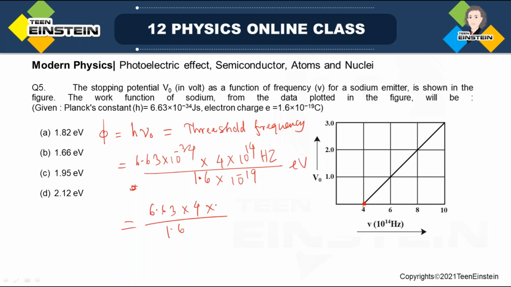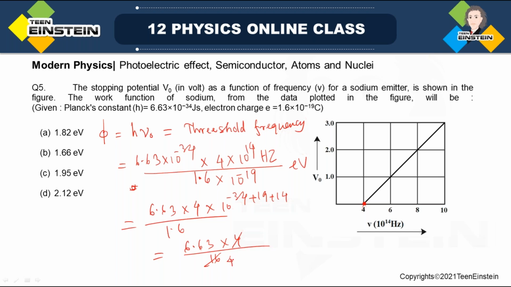If you just solve it properly: 10 to the power minus 34 plus 19 plus 14. So this will be 6.63 times 10 to the power minus 1, divided by 4.